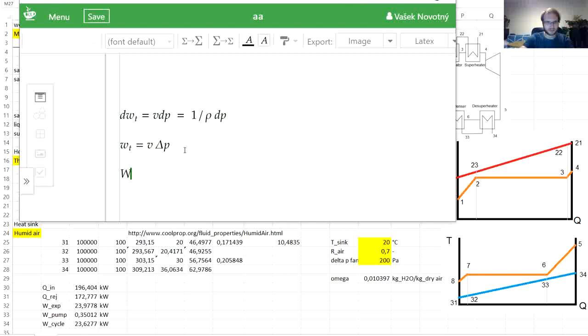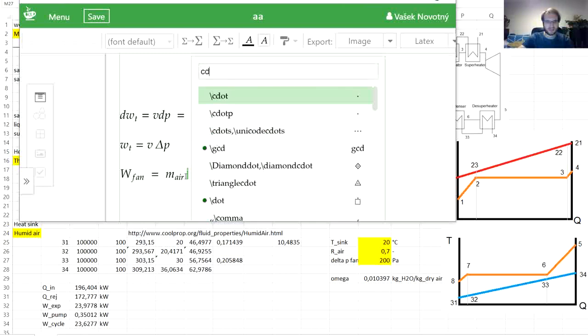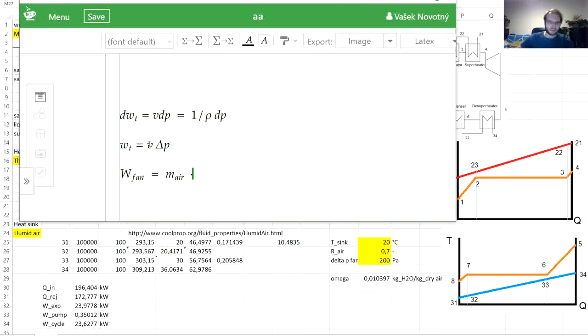Now, of course, if we want the absolute value, the work of the fan will be the mass flow rate of the air multiplied by the technical work, which is this V delta P, and this term would be the ideal work. Now we had specified the efficiency of the fan, so we have to divide this term by the fan efficiency.